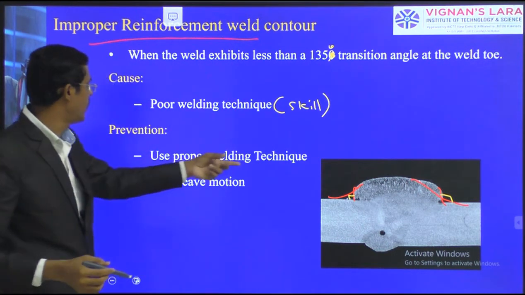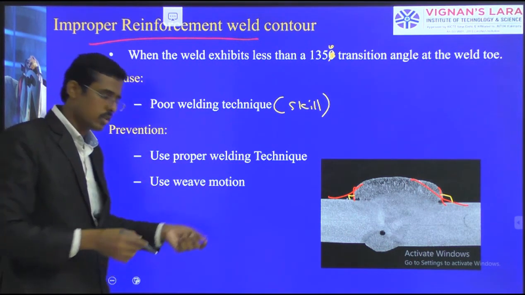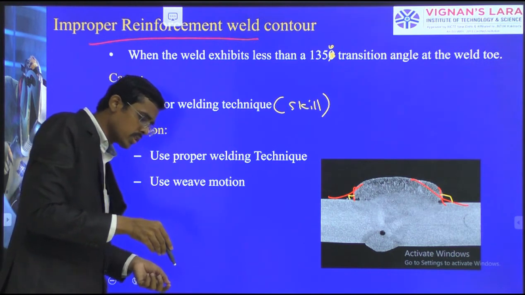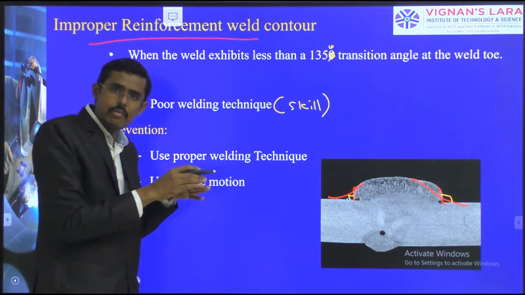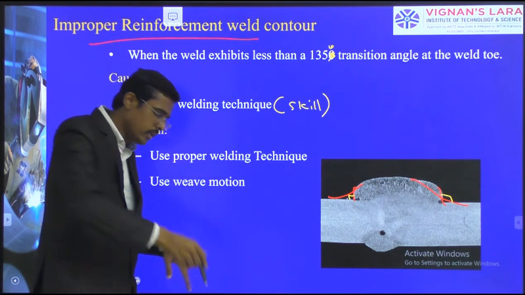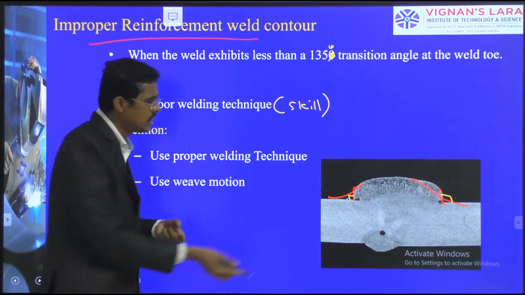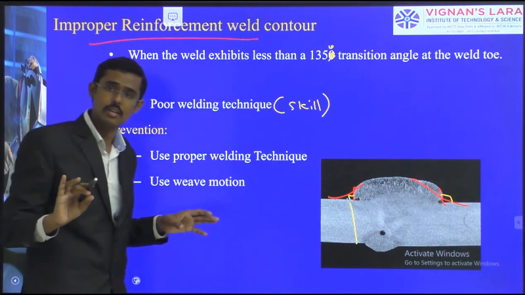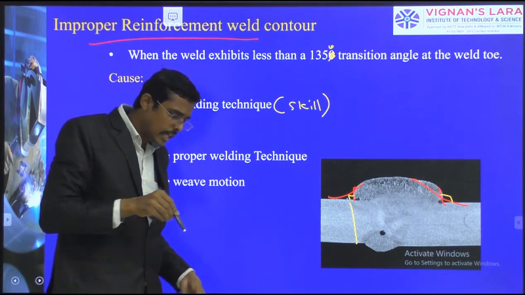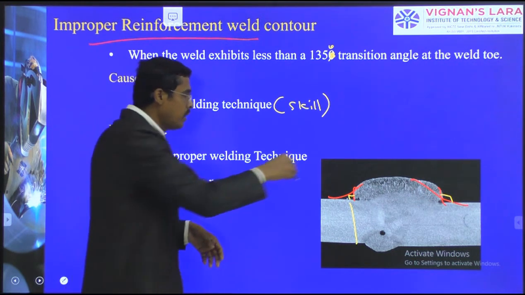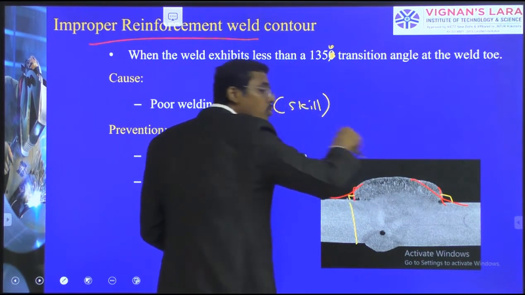Prevention: use the proper welding technique, use a waving motion. Don't do it like this. Slowly you can shake your hands. Slowly you can move your hands in such a way that the weld will come in a blended form. Always we keep on increasing the penetration thickness to be welded, that is accepted. But for that we can't just keep going like this. So lightly we should blend. Then blending happens like this, and then we can move.